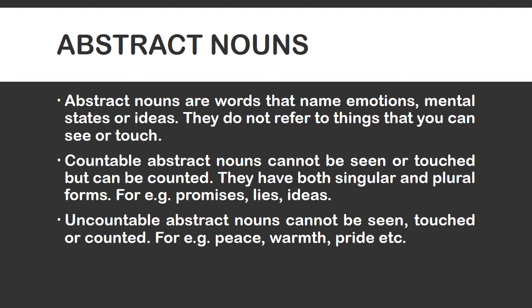As they cannot be counted, they do not have plural forms. We can say that there was utter peace, but we cannot count how much peace was there. We can give adjectives to them, but we cannot count them. Same thing for warmth, pride, and bravery, progress. All these are uncountable abstract nouns.